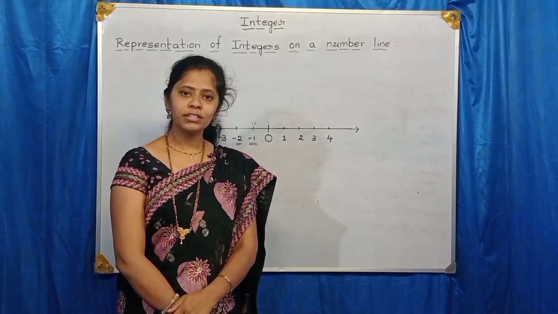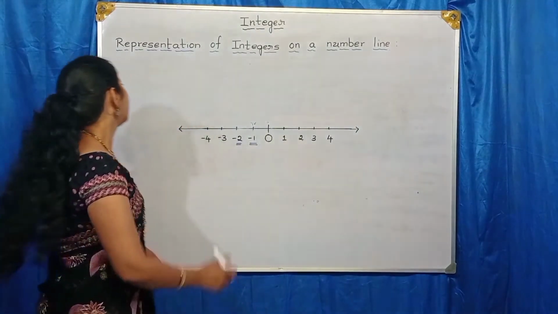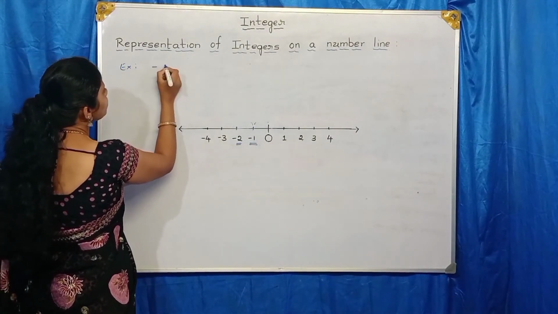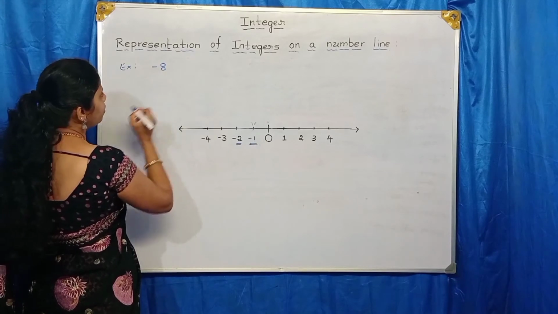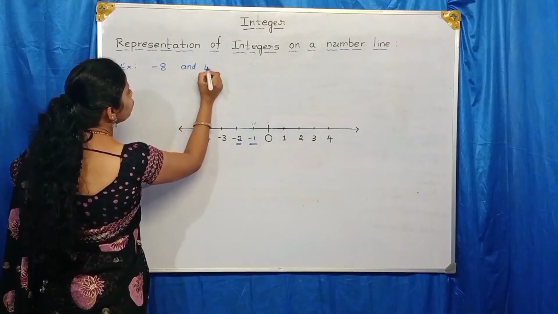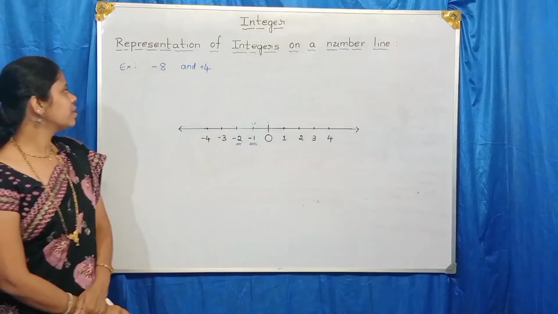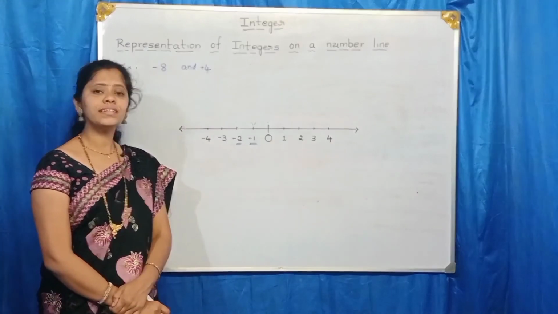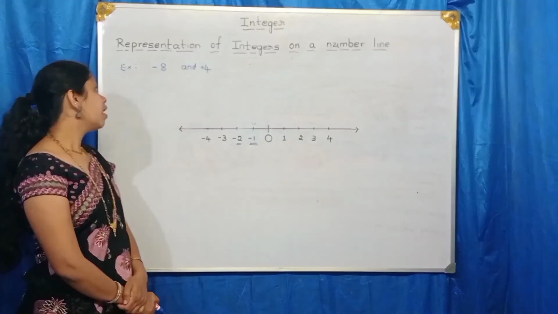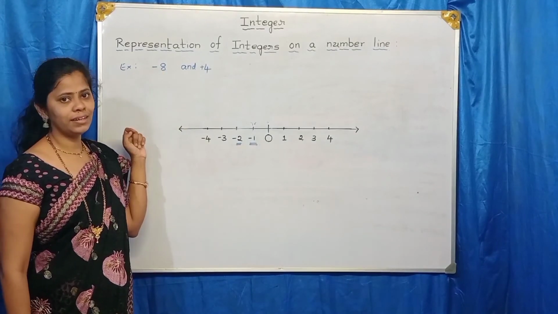I hope you have understood these points. Let me ask you one question. Minus 8 and plus 4, which is greater? I think most of your answers are minus 8. Right?